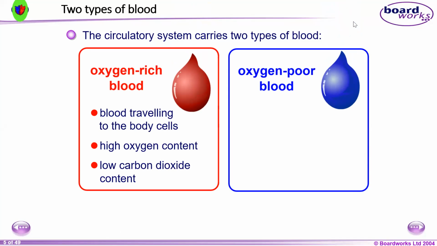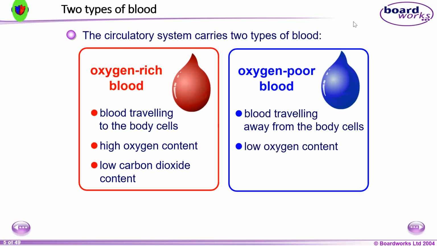It will have high oxygen content and low carbon dioxide content. Oxygen poor blood is the one coming back from the body cells after respiration, where carbon dioxide has already been released. So it will have low oxygen content and high carbon dioxide content.